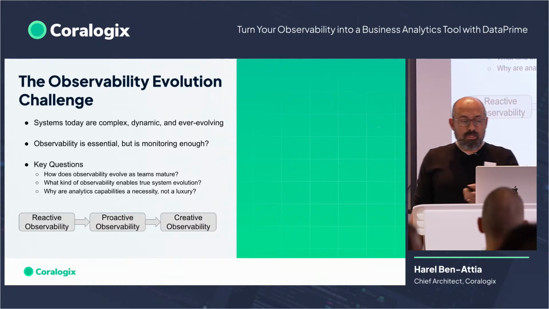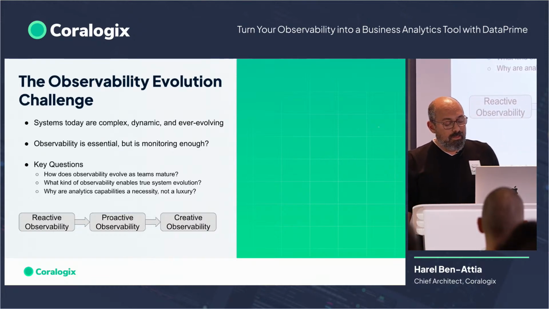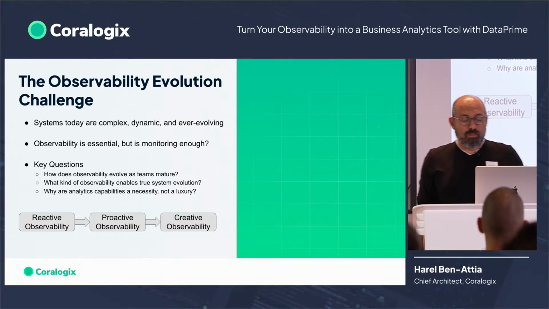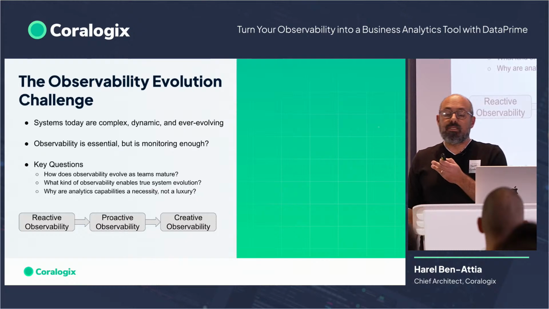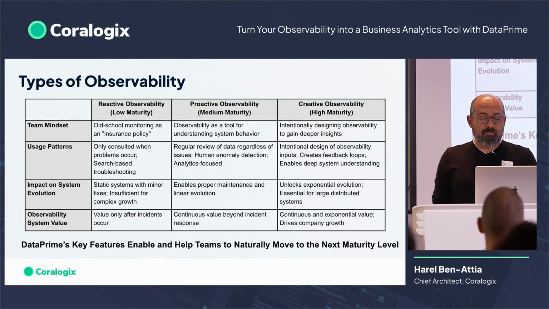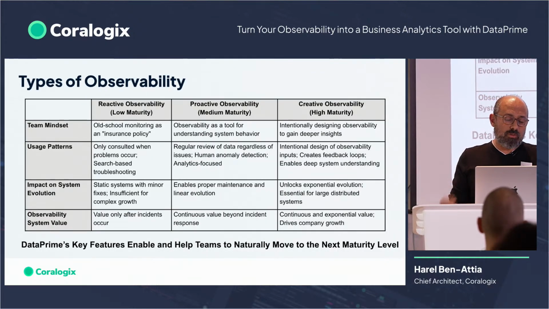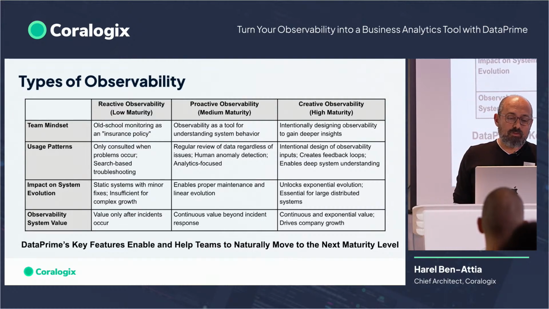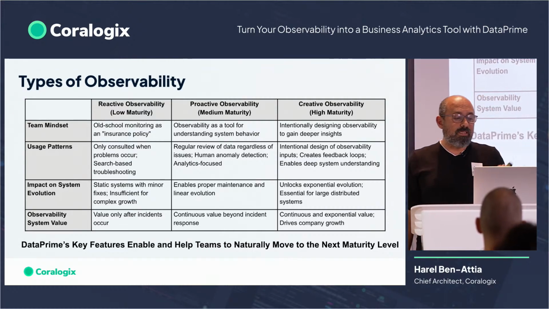We'll talk about three phases of observability: reactive observability, proactive observability, and creative observability. I want to compare between them. I don't want to go into all the details, but mostly touch on the mindset. In reactive observability, the team mindset is usually old school monitoring.